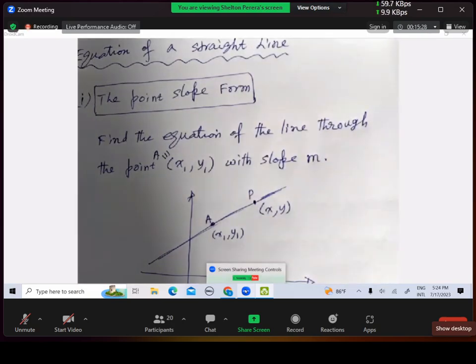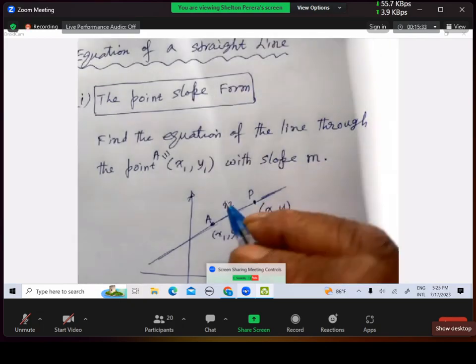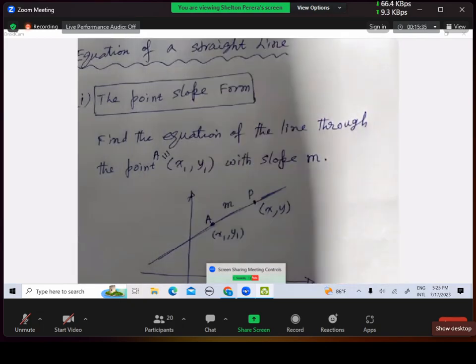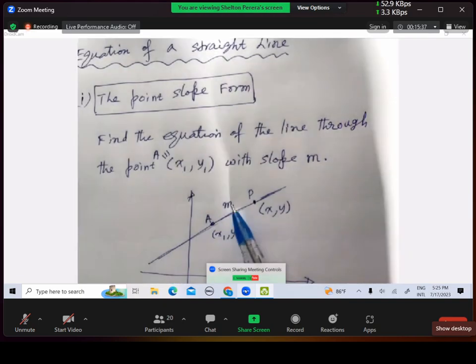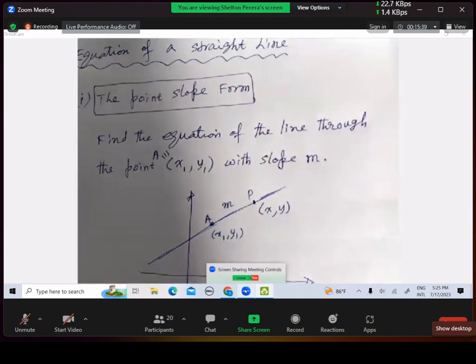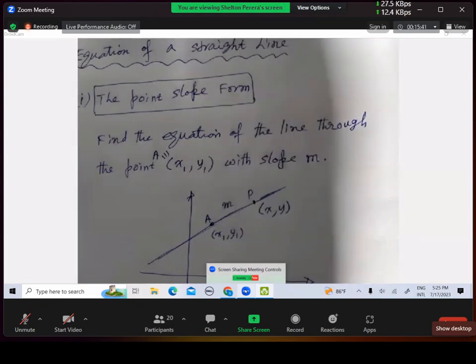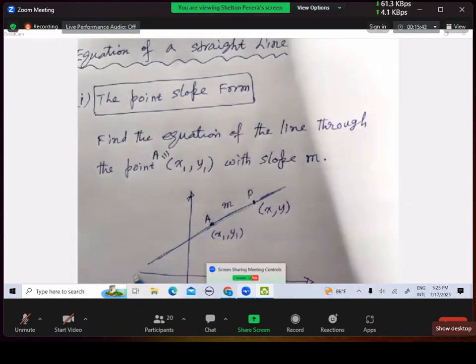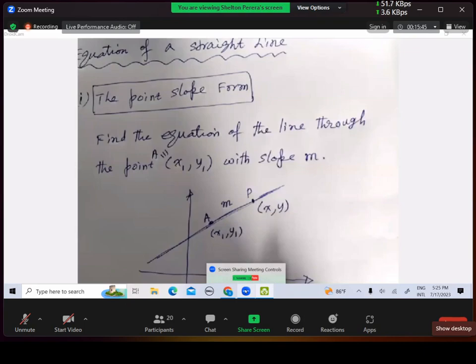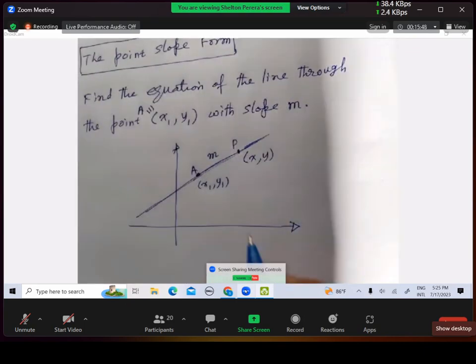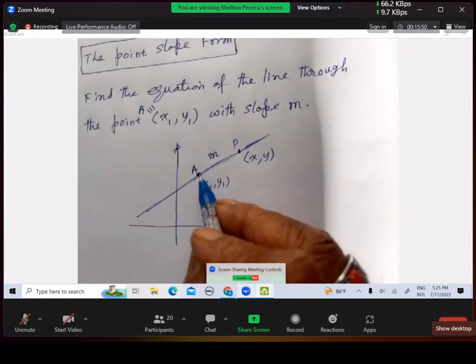We said the slope of this line is m. The point x1, y1 and the slope m are given. We want to write down the equation of the line. So we take any point on this line, x, y.